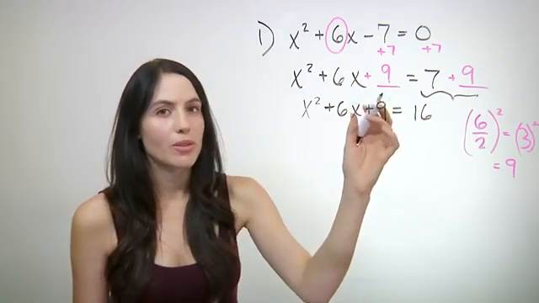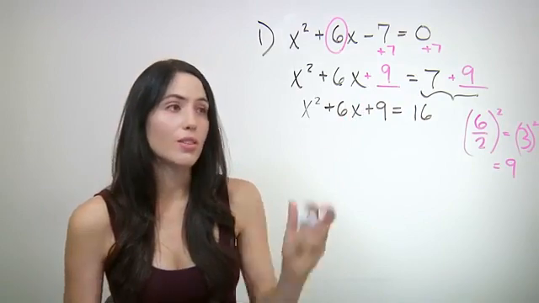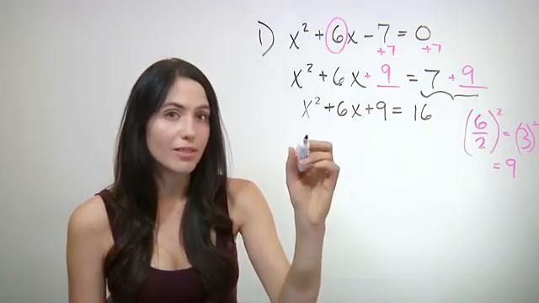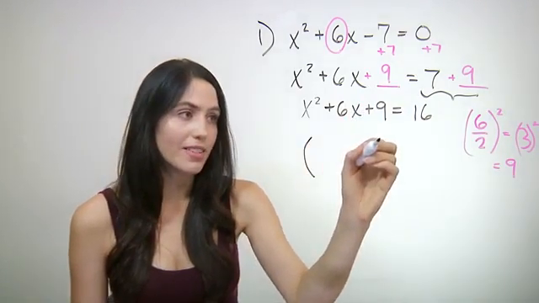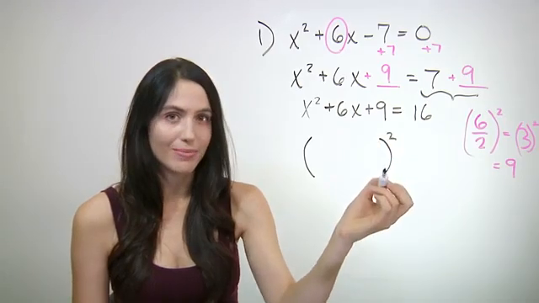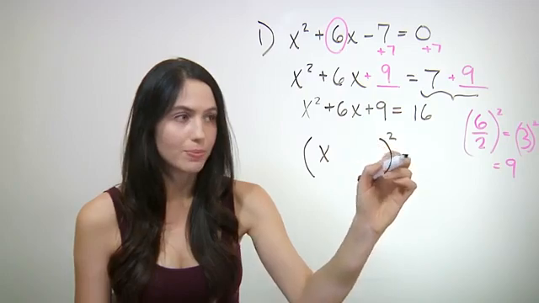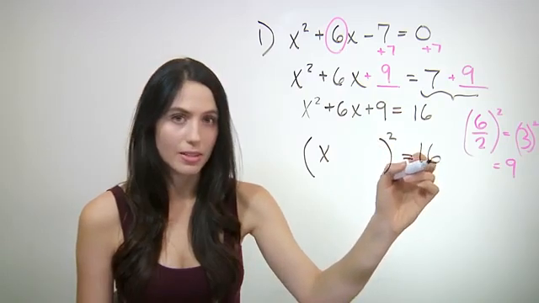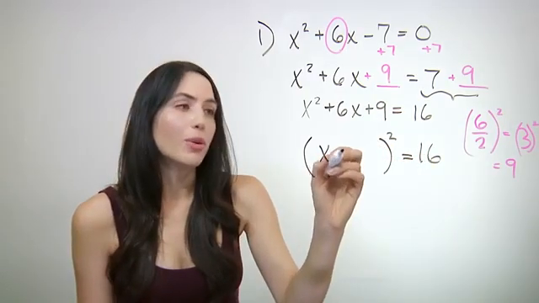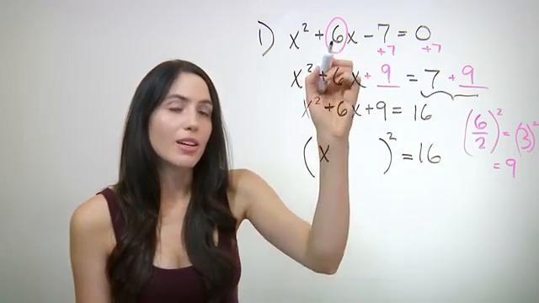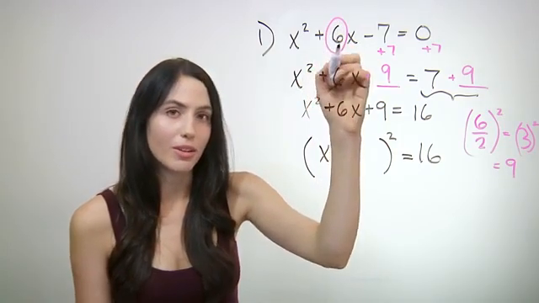Why did we do that? Why did we add a number to both sides? The only reason is so that immediately after, we can write the left side as a perfect square: x plus or minus some number squared equals 16 still. The number you write here is always half of what the middle coefficient was.